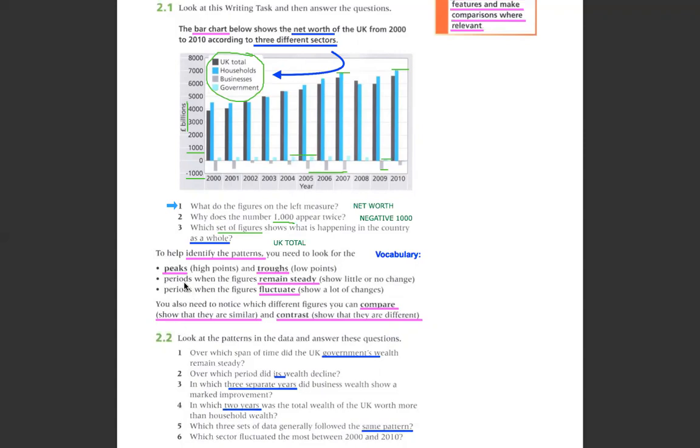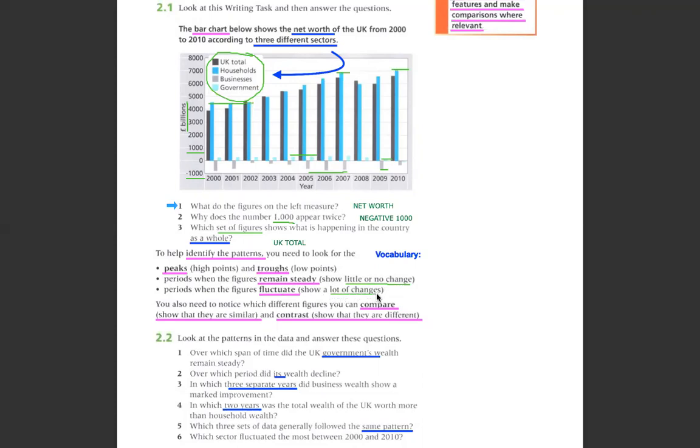We can also talk about periods when the figures remain steady. This means they show little or no change. For example, we can see here that the household remained quite steady for these 3 years. We can also talk about periods when the figures fluctuate.